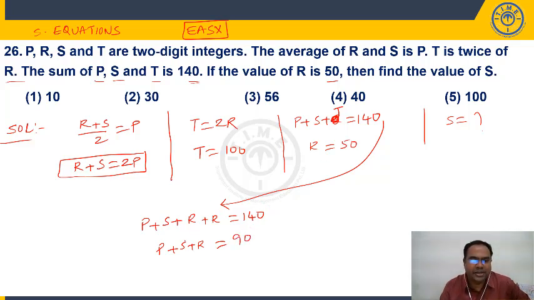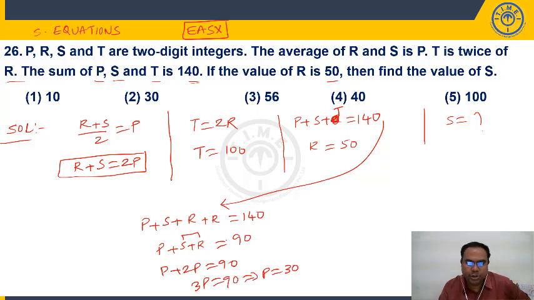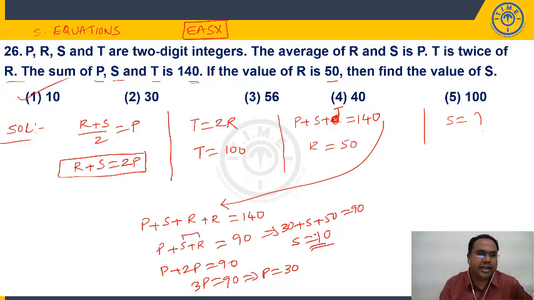Now, how much is R plus S? 2P. So P plus, in place of R plus S, I'll substitute 2P, is equal to 90. So 3P is equal to 90. I'll get P is equal to 30. When substituted here, P is 30, S we don't know, R 50, is equal to 90. So S is equal to 90 minus 80, we'll get 10. 10 is present in the first option.